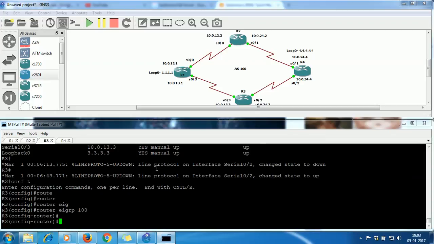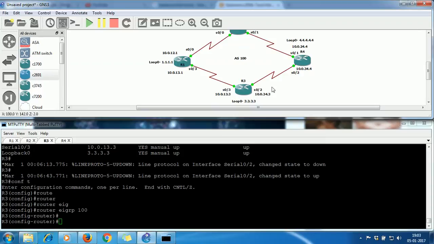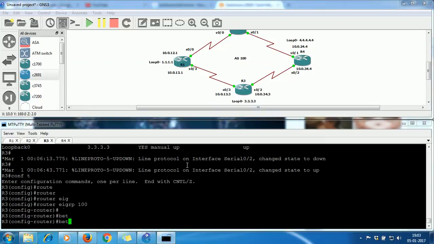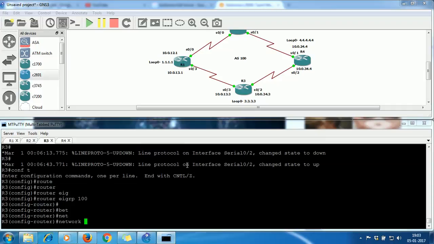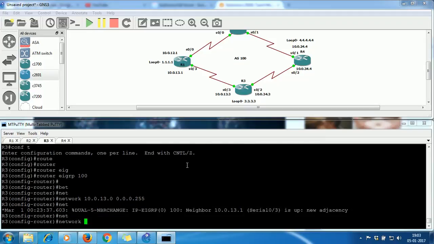So in router 3, you can see here, network 10.0.13.0, 0.0.0.255, network 10.0.34.0, 0.0.0.255.